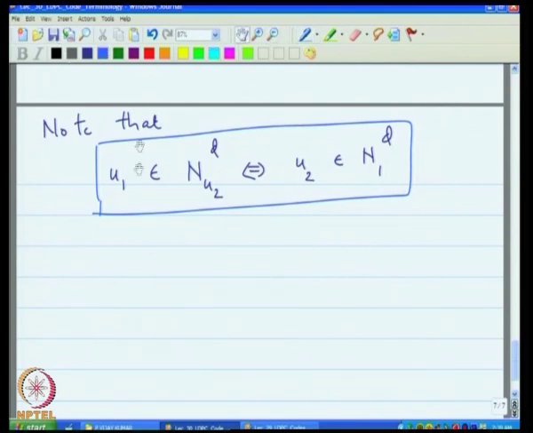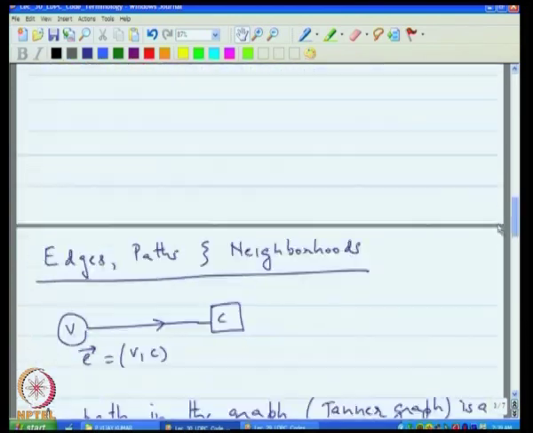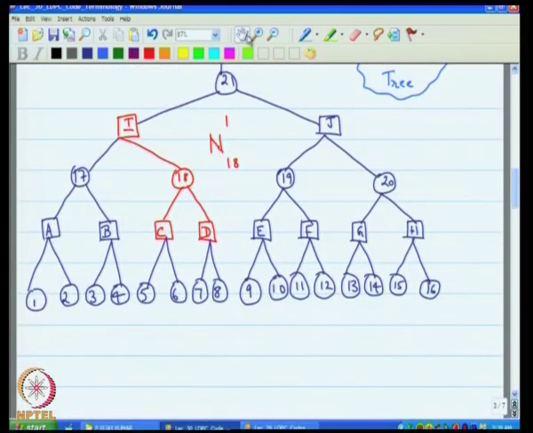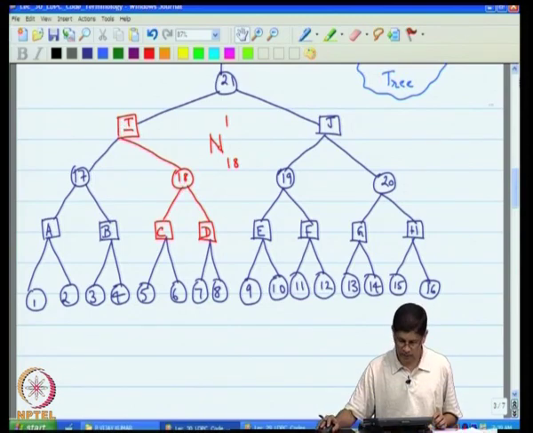That is fairly simple, because what that means, going back to the graph, is that for example, I belongs to the depth 1 neighborhood of 18, and it is clear that the reverse is also true, that 18 belongs to the depth 1 neighborhood of I.